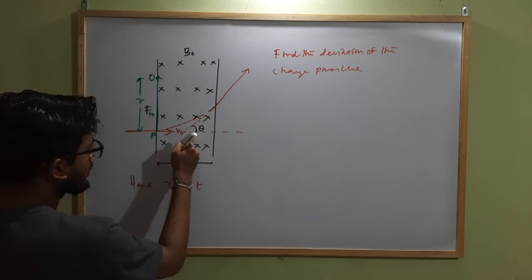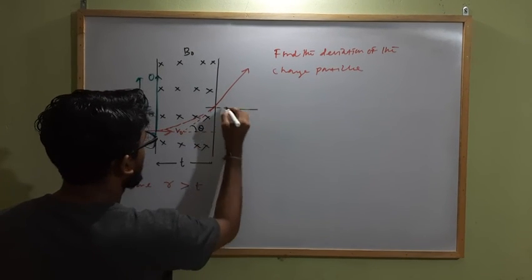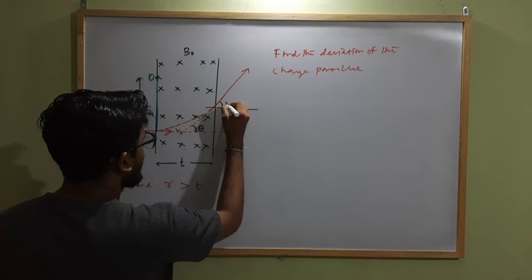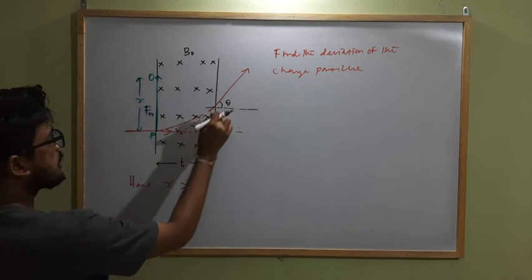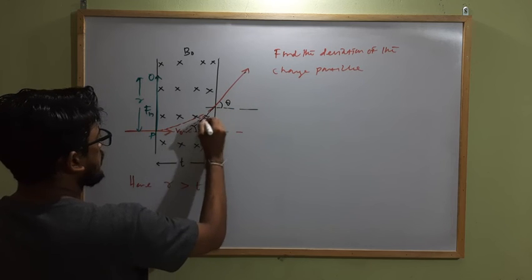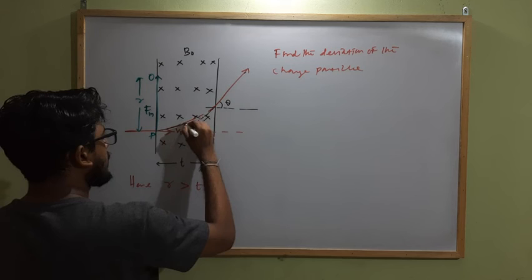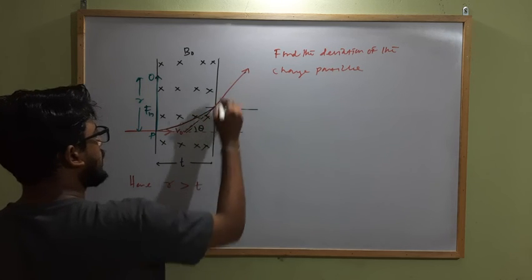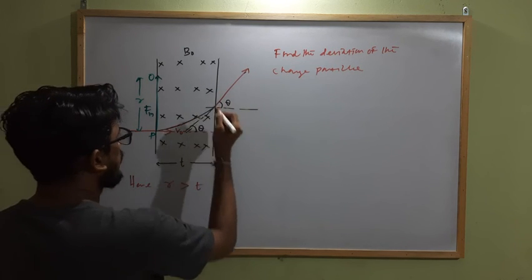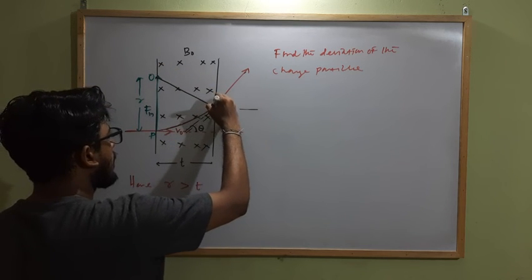As this angle is theta, if I draw a line parallel to the direction of v naught, similarly this angle will become theta, as these two lines are parallel, and this is the tangent. This is the tangent drawn to this arc at this point. So this angle is theta, this angle will be theta, and this is the radius r.